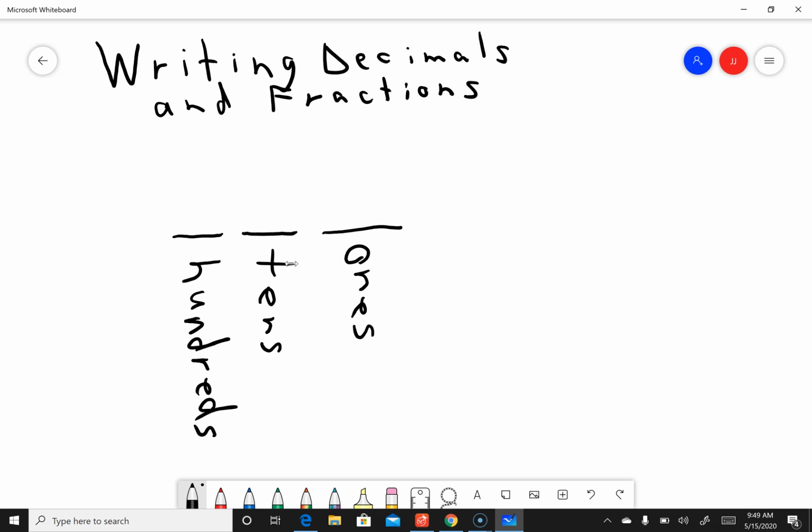Starting a little bit now and a lot next year, you'll learn about decimals. We have a decimal point here, it's a dot. And then over here, we have place values that are less than 1. Here we have tenths.